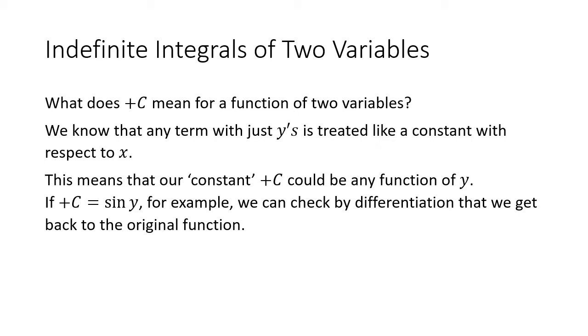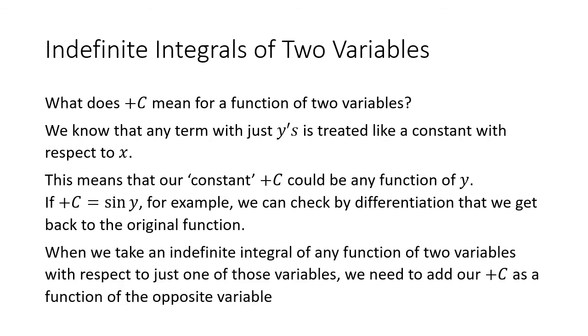And so I'm still going to get back to my original function if my plus c is any function of y. And that's the idea: if I take an indefinite integral of any function of two variables with respect to just one of those variables, we still need to add our plus c like we usually do. It's just that that plus c is now a function of my opposite variable.